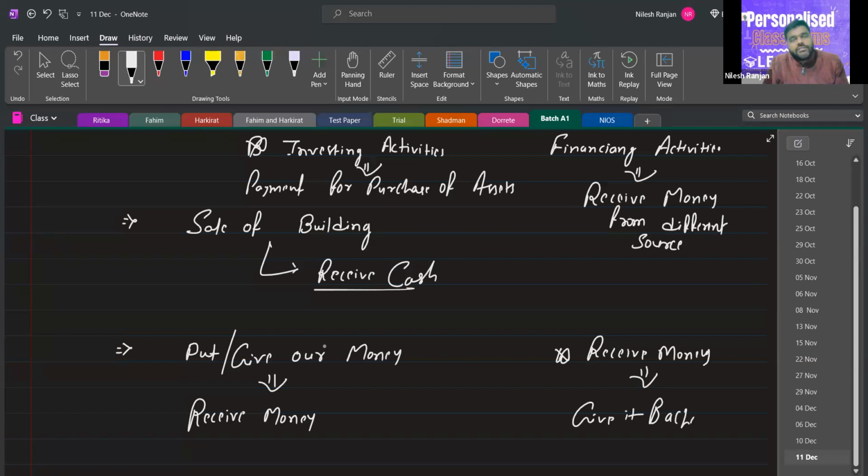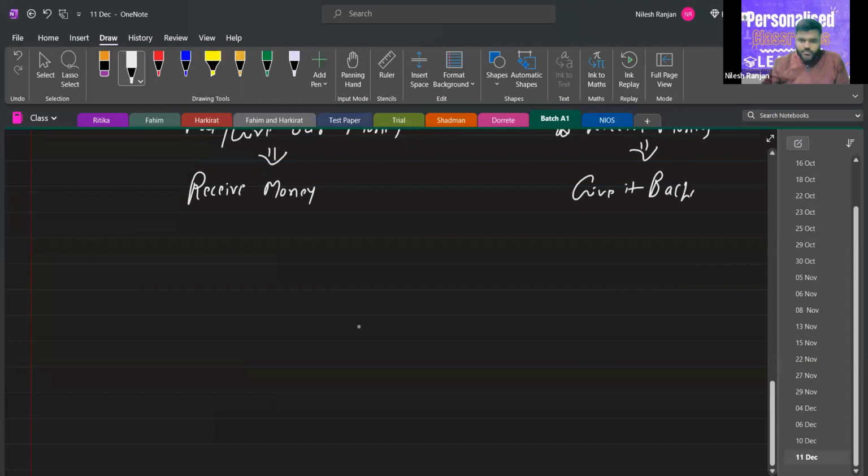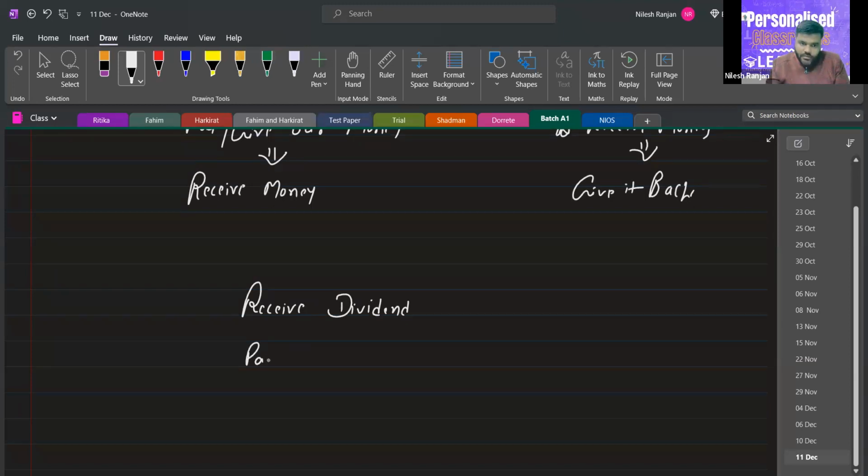Okay, what if we are receiving dividend? Either we can receive dividend or we will pay dividend. Tell me about both of these. Receiving dividend will be investing, very good.